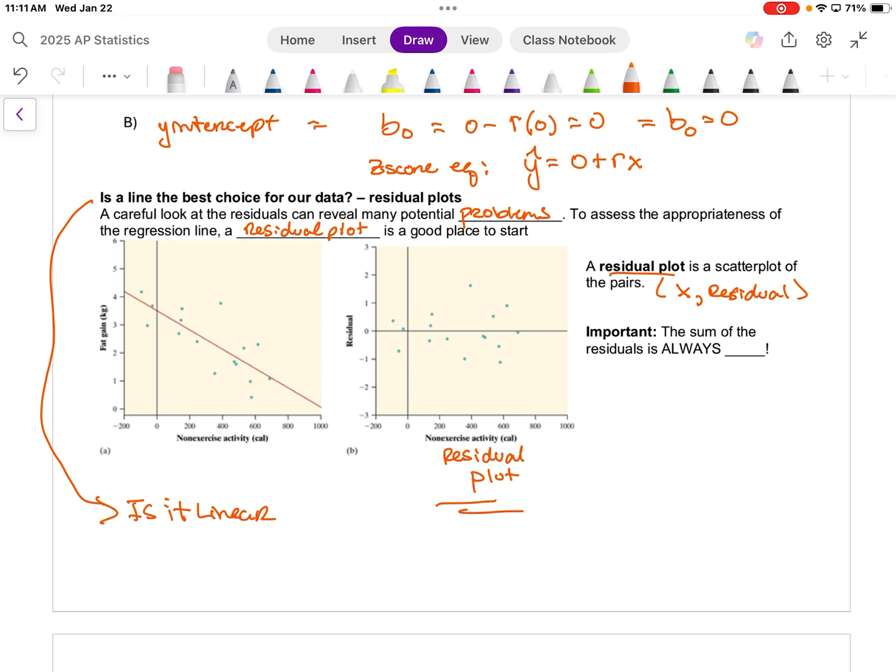It is a horizontal line that's drawn. That way the x values are along the horizontal line, and the y value represents the difference, the residual part. And so we can see how far up, above, and below. And then we have to use that to decide, is my linear approach appropriate for what I see on the left-hand side? The sum of the residuals is always 0. If you add up all of the residuals, the sum is 0.